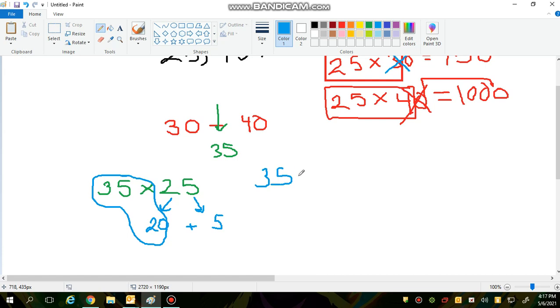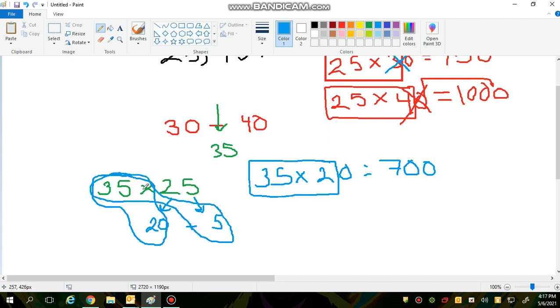35 multiplied by 20. 35 times 2 is 70. And you add the 0 at the end, that's 700. You see that? And now I'll do 35 multiplied by 5. So 35 multiplied by 5, and 5 5s are 25, and 5 3s are 15, and 15 plus 2 is 17, and that's 175.